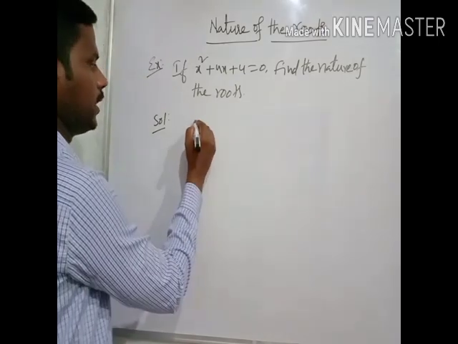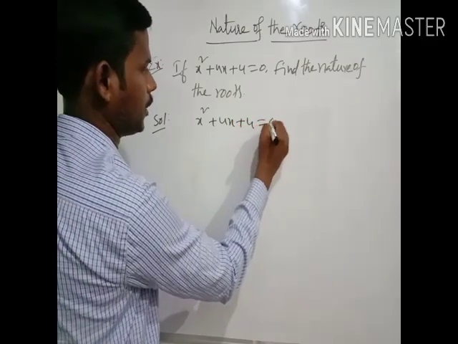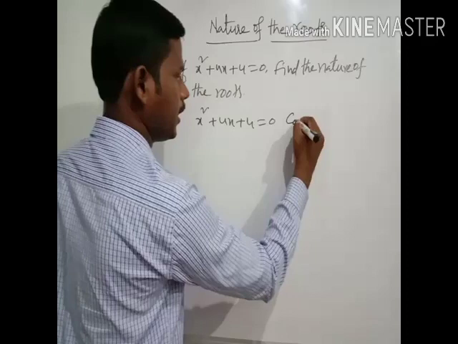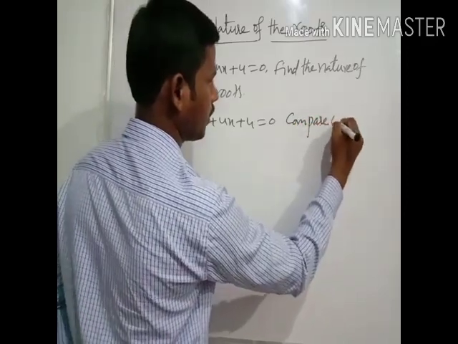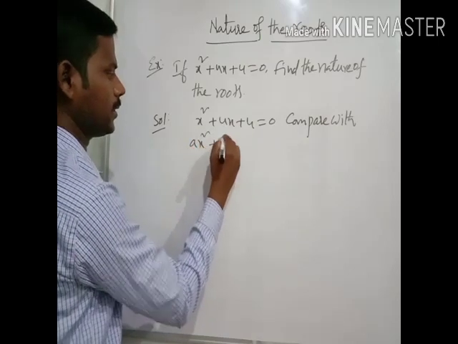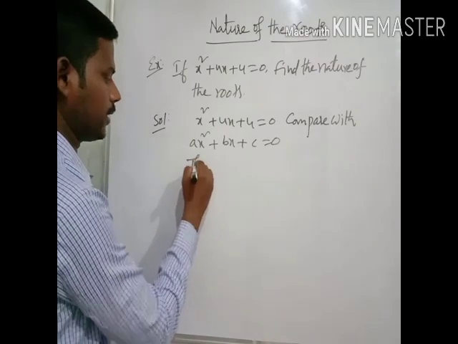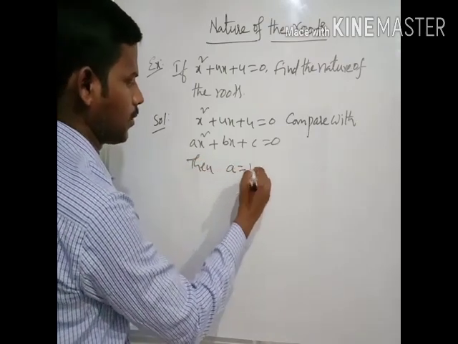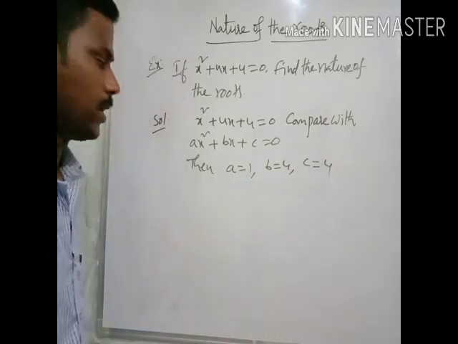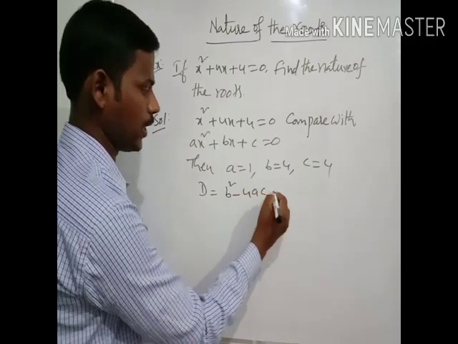Children, see, x square plus 4x plus 4 equals 0. It is a quadratic equation. Compare with ax square plus bx plus c equals 0. Then what happens, children? a equal to 1, b equal to 4, c equal to 4. So discriminant formula, what, children? b square minus 4ac.